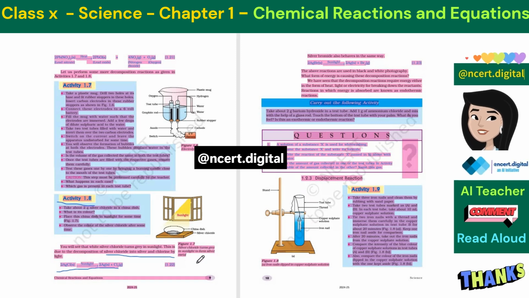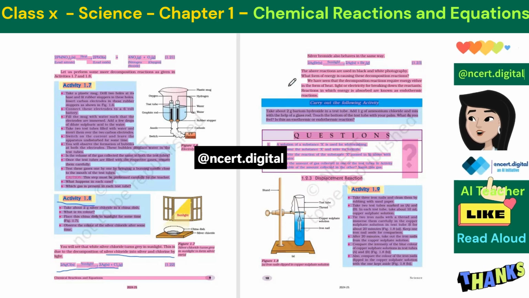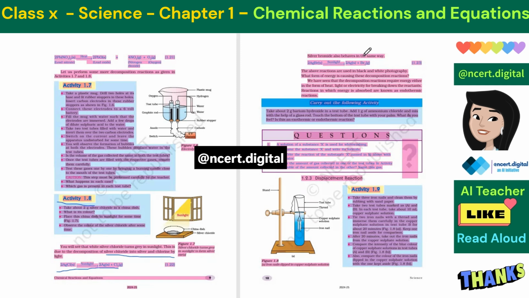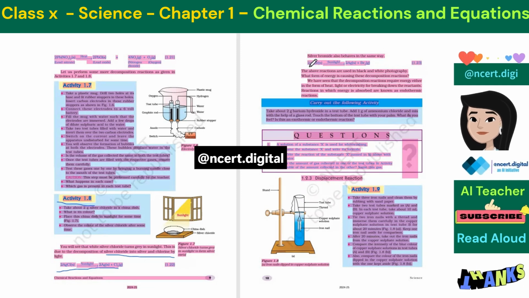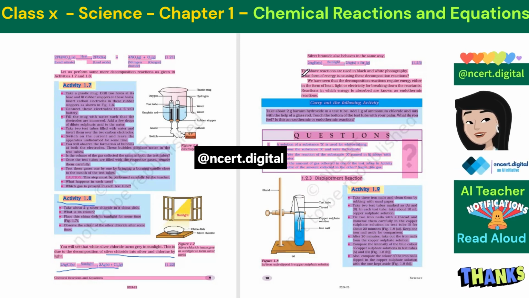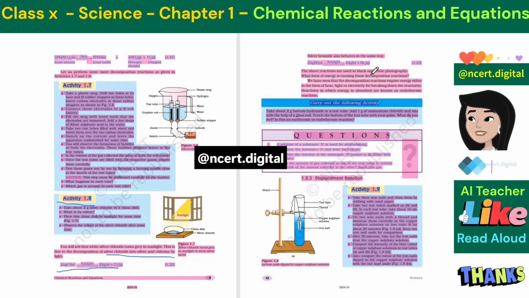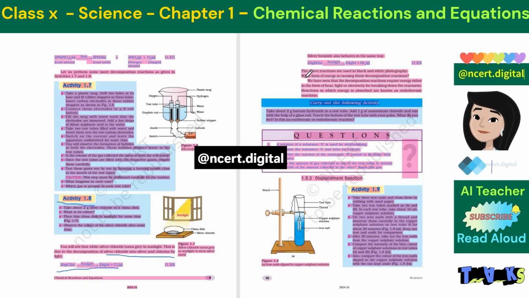Chemical Reactions and Equations. Silver bromide also behaves in the same way. 2AgBr (s), sunlight, 2Ag (s) + Br2 (g). (1.23) The above reactions are used in black and white photography.